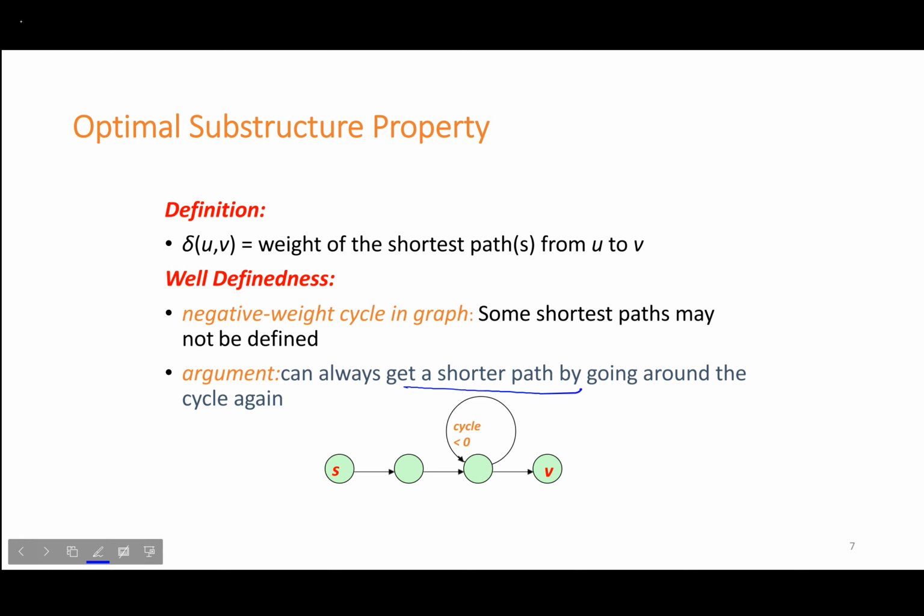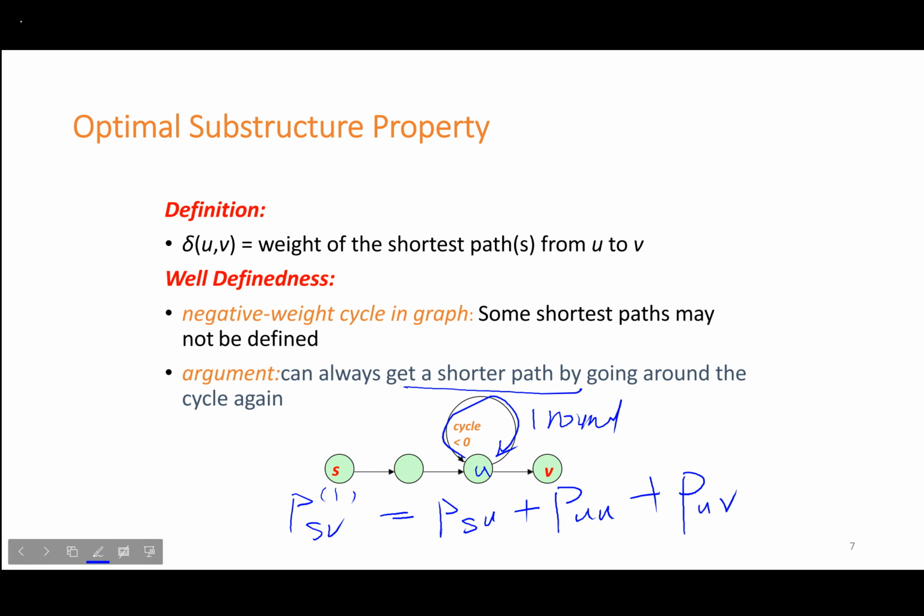For example, we have the path P(S,V), the shortest path, and we want to calculate it. At one point, after one round, let's say this is u, we have P(S,U) plus P(U,U), because it is a cycle, plus P(U,V). This is the first round.